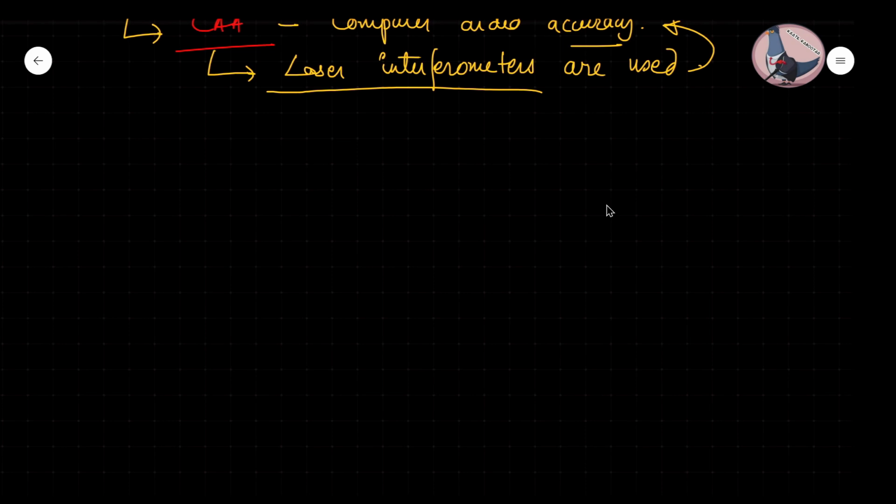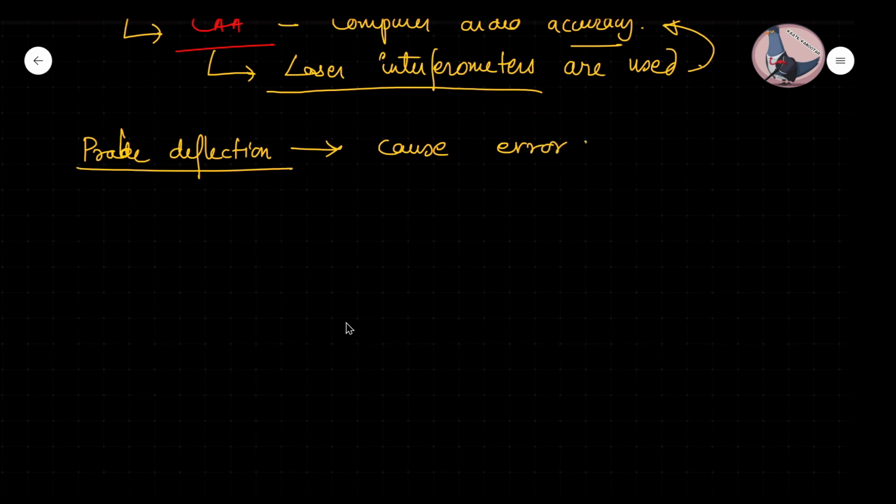Okay. Now in machine conditions, probe deflection also can cause error. Now what do you mean by probe deflection?